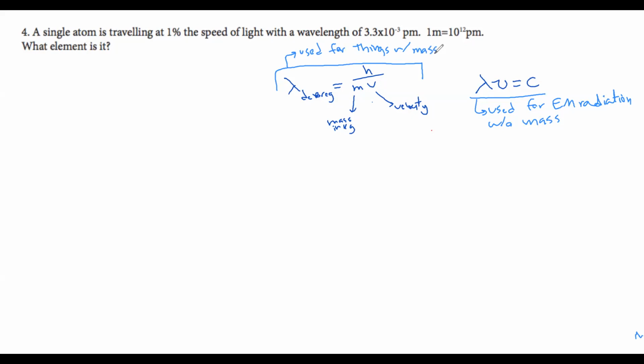It's cool to think that anything that has any mass at all, and is moving at any velocity, technically has a wavelength. Like you and I have a wavelength, which is cool. You could even calculate it if you wanted to, but I will let you do that on your own for fun. So let's use the de Broglie wavelength formula and figure out what element this is.